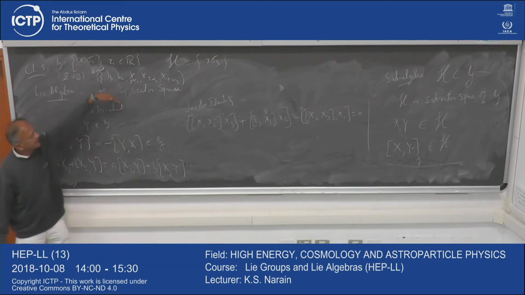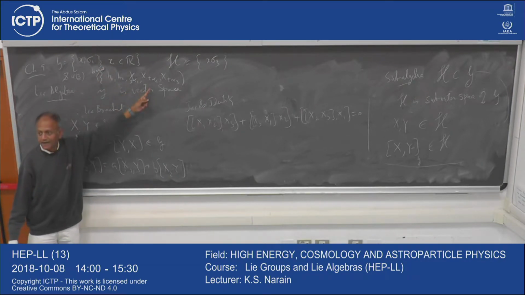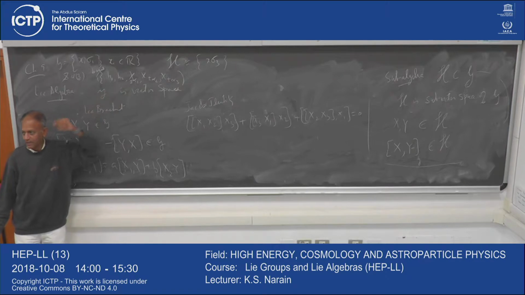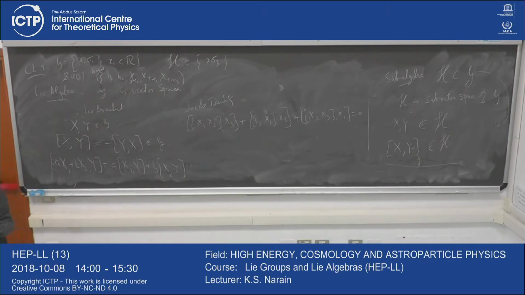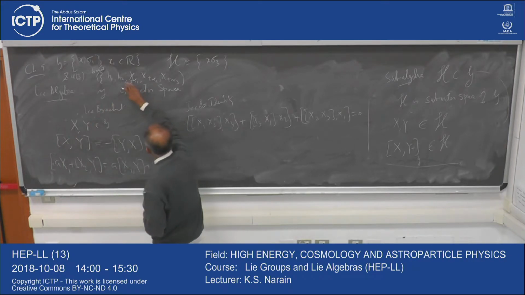Of course, you can go back to the real by putting some reality condition on the coefficients. The real SU3 is also a subalgebra of the complexified SU3, right? Yeah, that's right, correct. What does it mean?